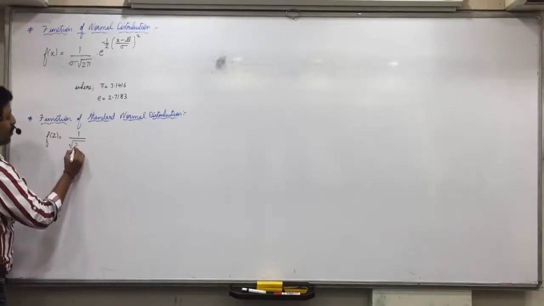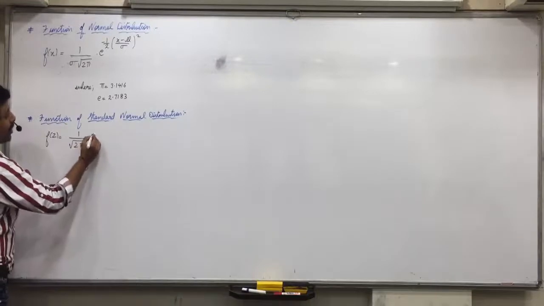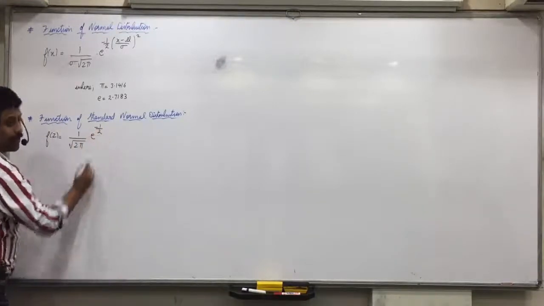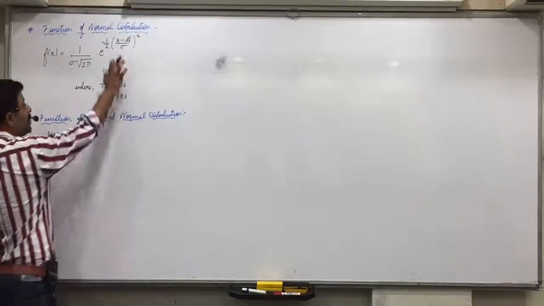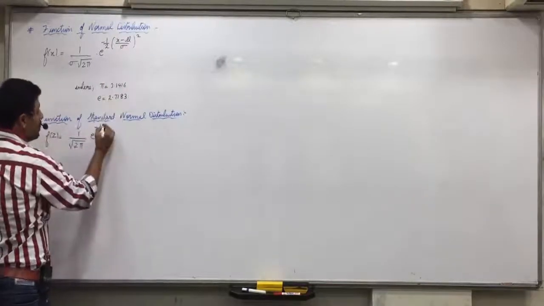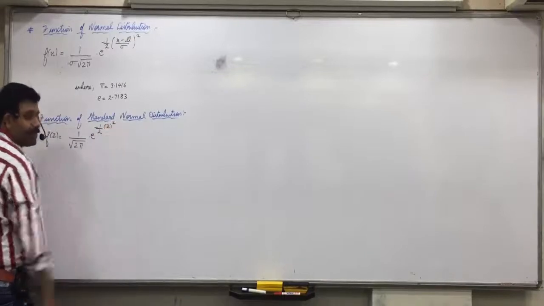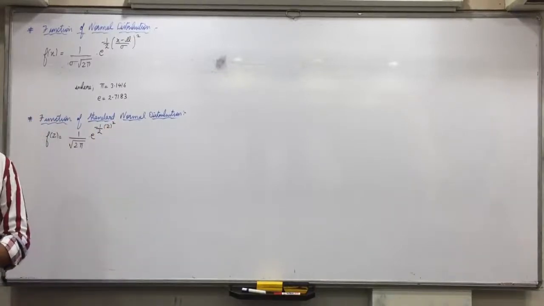Directly you'll have root 2 pi into e raised to minus 1 by 2. And in a standard normal distribution, in place of x minus mu upon sigma, can I write z square? So this is a function of standard normal distribution. Did anyone understand this? Let me know. In summary, these are the two functions.